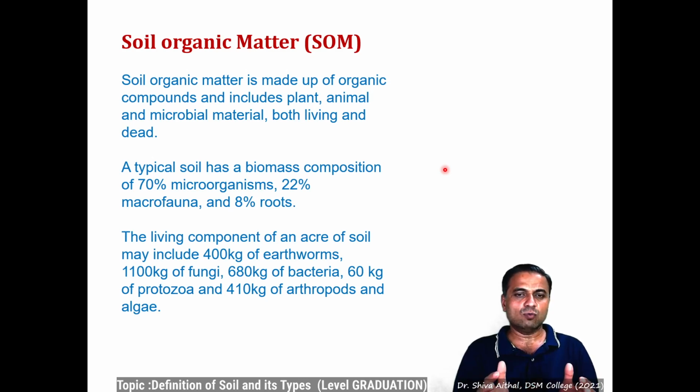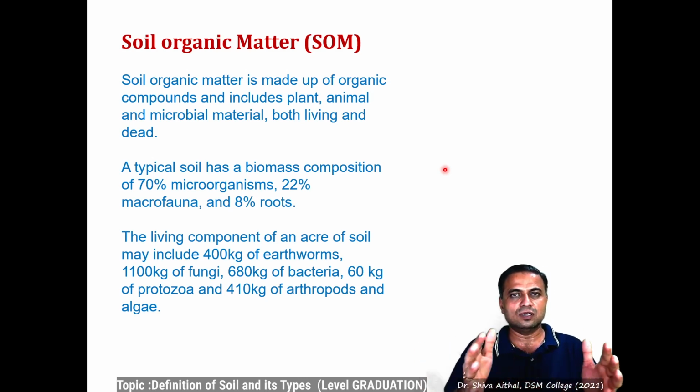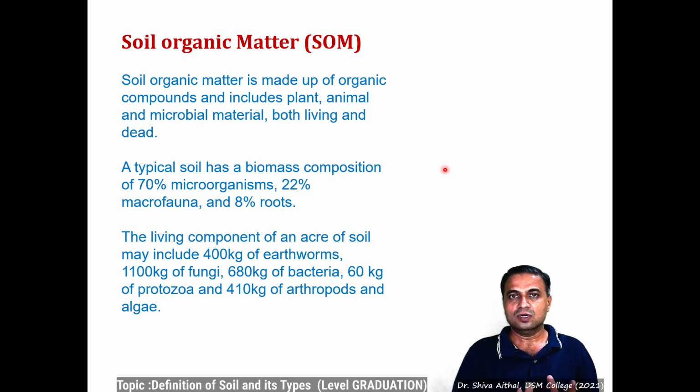If you see 1 acre of soil in any typical good fertile conditions, it can support very efficiently 400 kilograms of earthworm, 1100 kilograms of fungi, 600 to 700 kilograms of bacteria, 60 kilograms of protozoa and 410 kilograms of arthropods and algae.